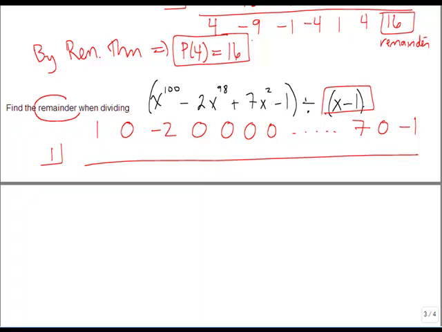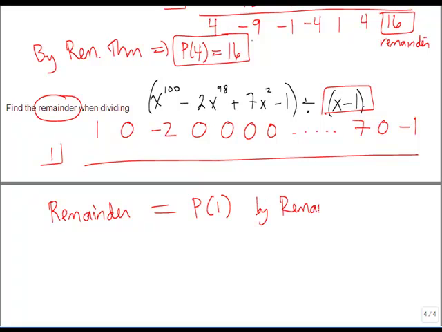Since all we want to know is what the remainder is, the remainder of dividing by x minus 1 is going to equal the value of 1 substituted into the original polynomial. That's by this remainder theorem.